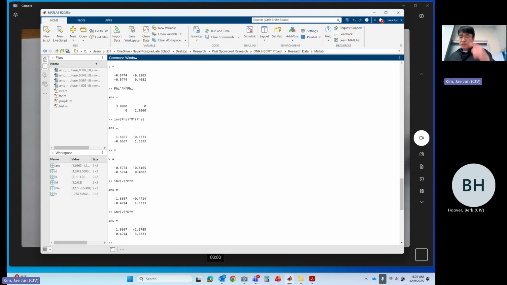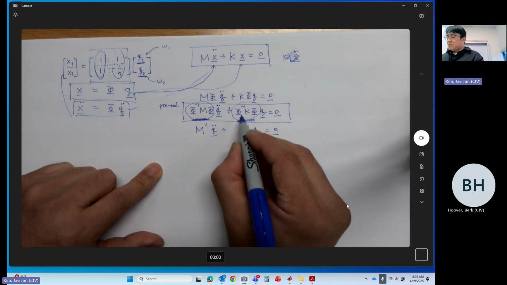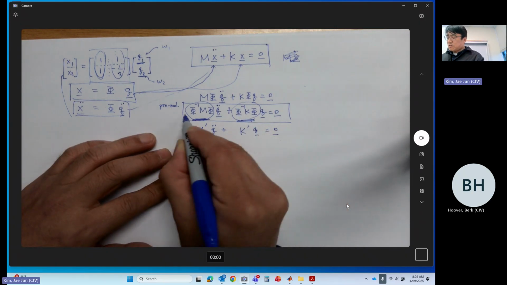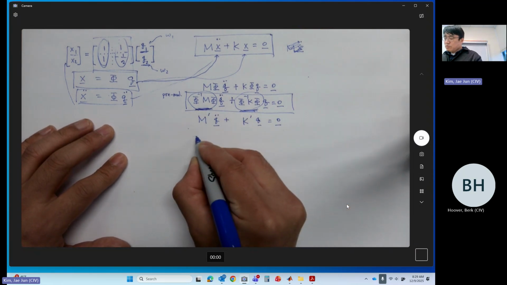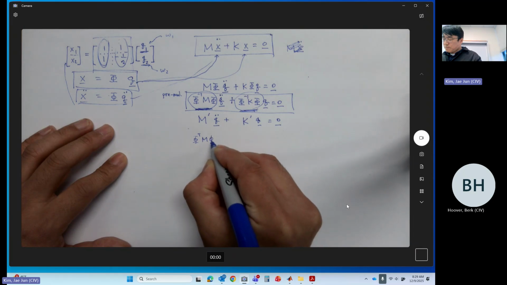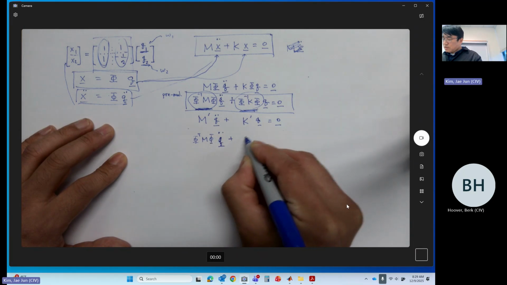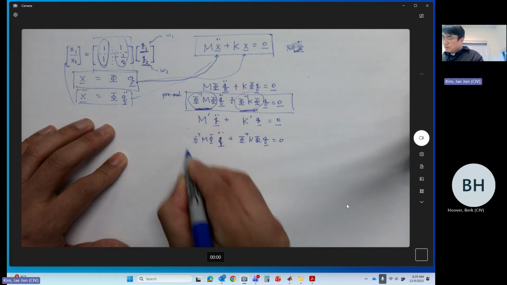So what orthogonality means is that the inverse is its transpose. In a typical similarity transformation, you multiply by the inverse here, right? But in the modal transformation, instead of the inverse, you can use the transpose. P transpose M phi Q double dot plus P transpose K phi Q is equal to 0.